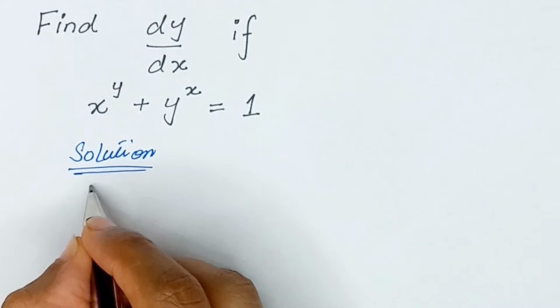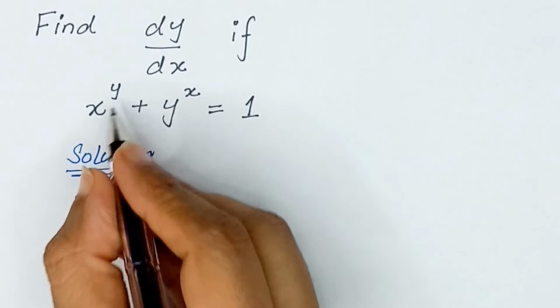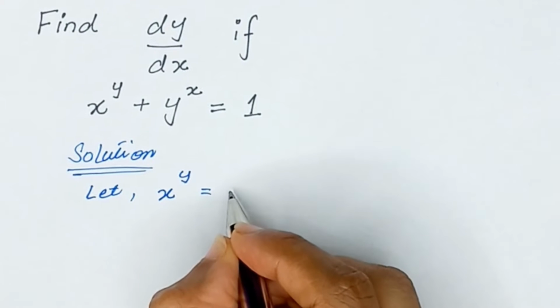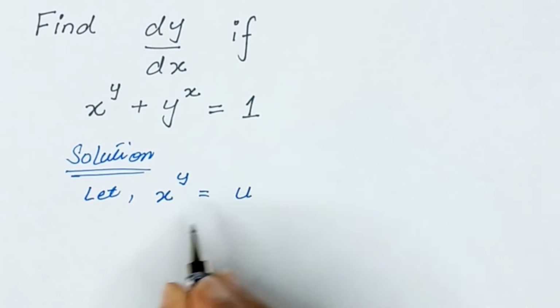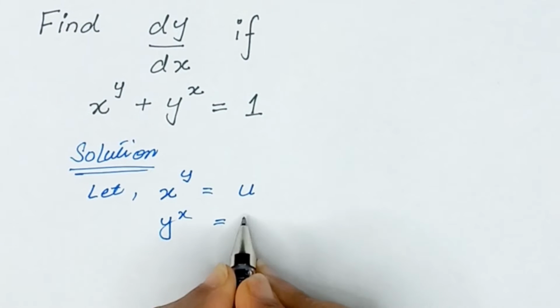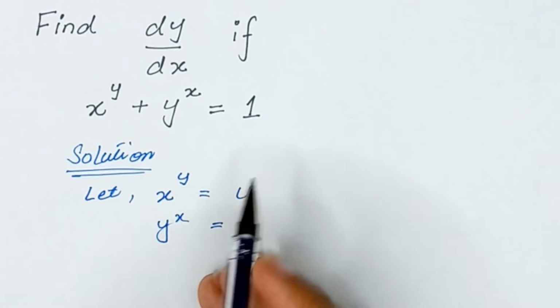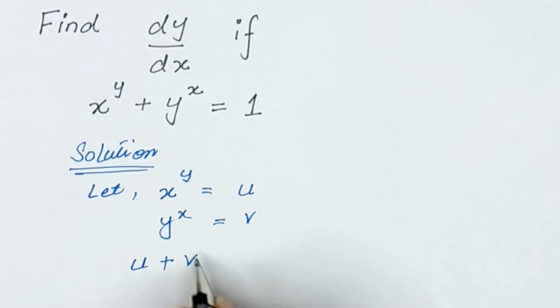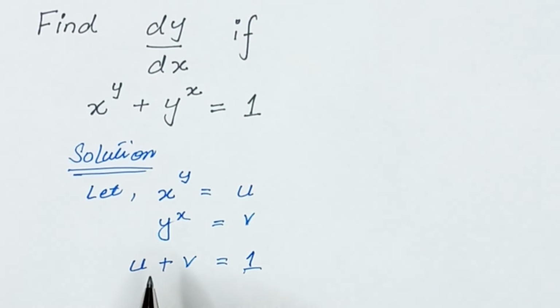First of all, we will let this term x to the power y be equal to u and y to the power x be equal to v. So our given equation will become u plus v is equal to 1. Now consider its first part, which is u is equal to x to the power y.